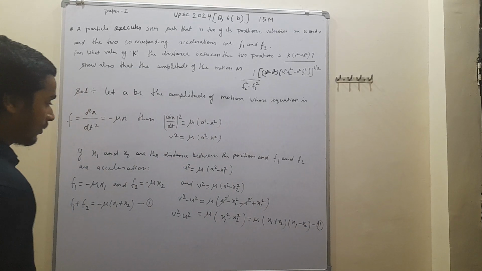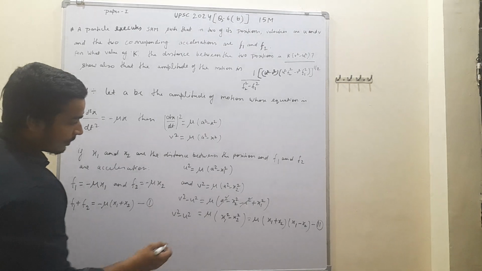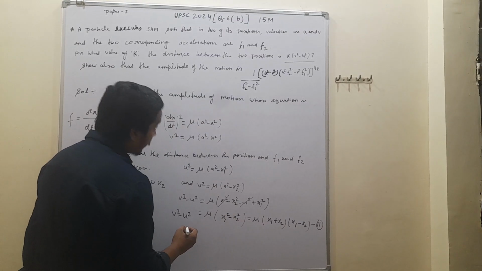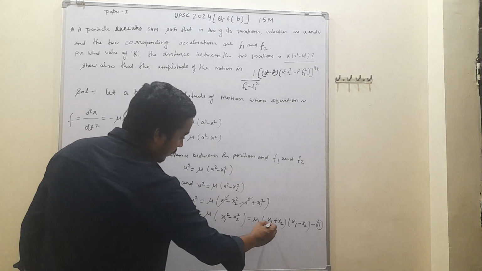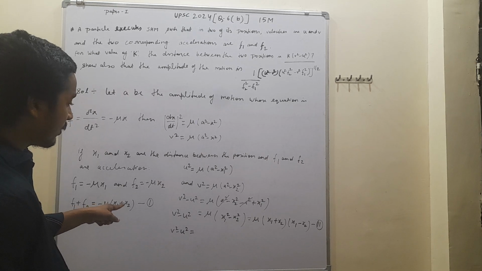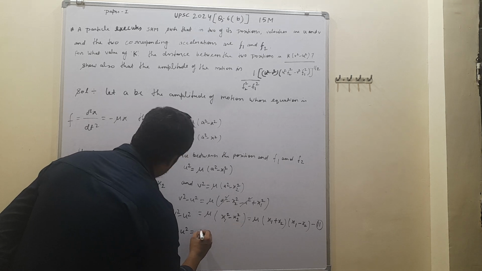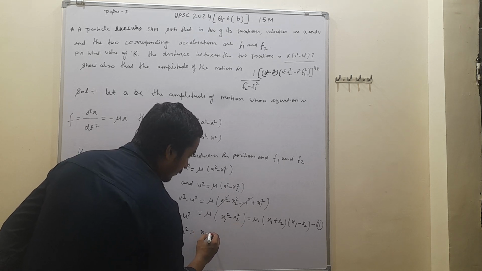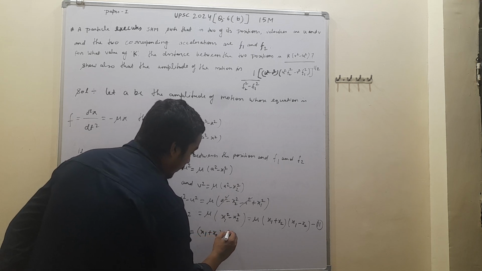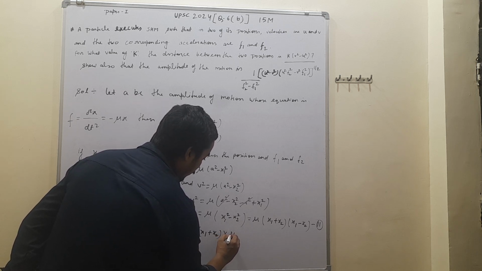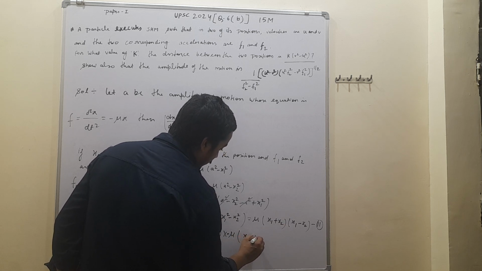Using equation 1 in equation 2, we get v square minus u square is equal to minus mu (x1 plus x2) into (x2 minus x1).